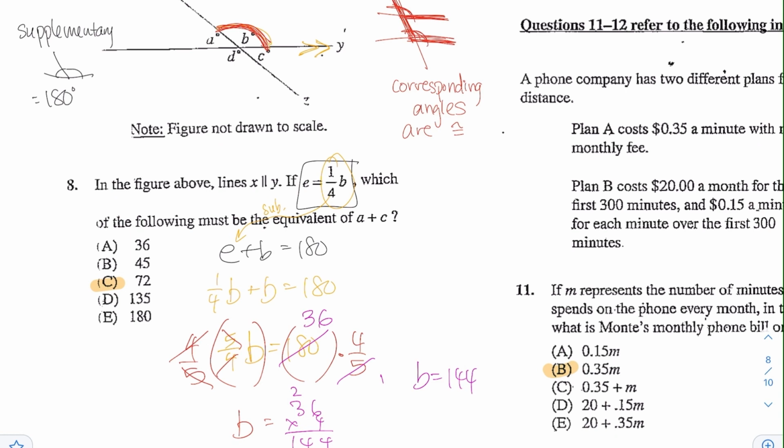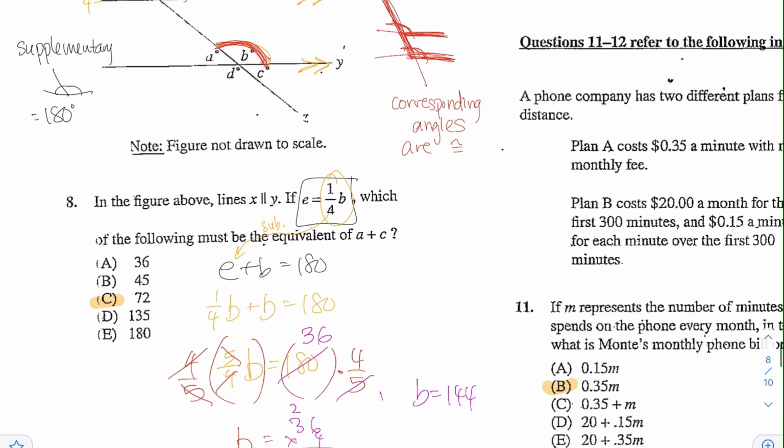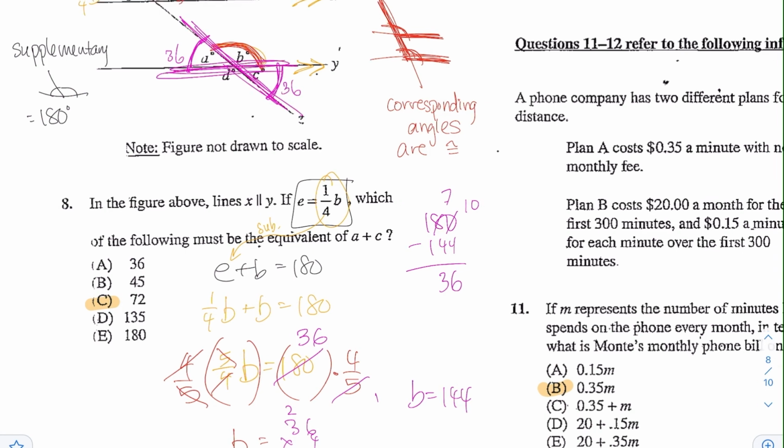You actually want to know the value of A plus C. So A and C are actually the supplements of B. So you have to do 180 minus 144. That will give you 36. So A would be equal to 36, and C would also be equal to 36 because B and C are supplementary, and so are A and B. And A is also equal to C because they're vertical angles.